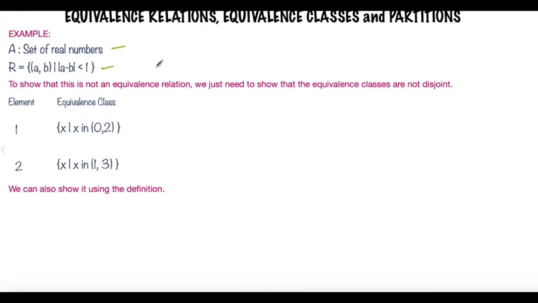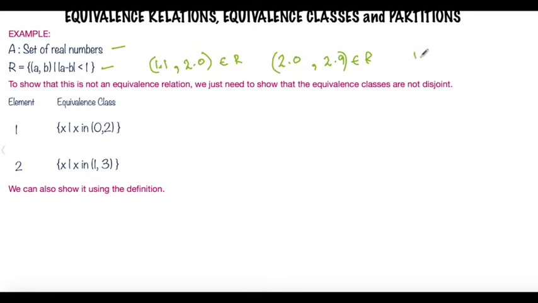So we can say 1.1 and, let's say, 2.0. This is in R, correct? Because the absolute value of the difference is less than 1. And then 2.0 and 2.9. This is also in R because the absolute value of their difference is also less than 1.